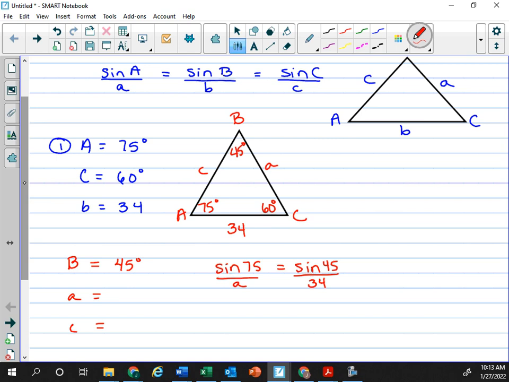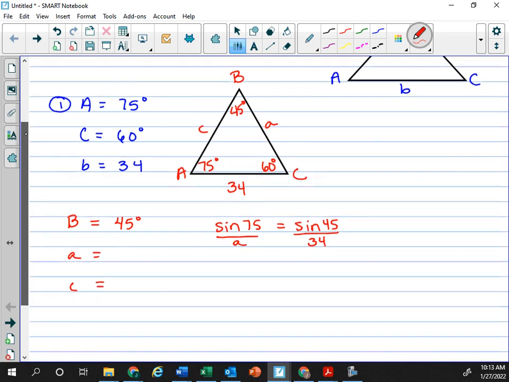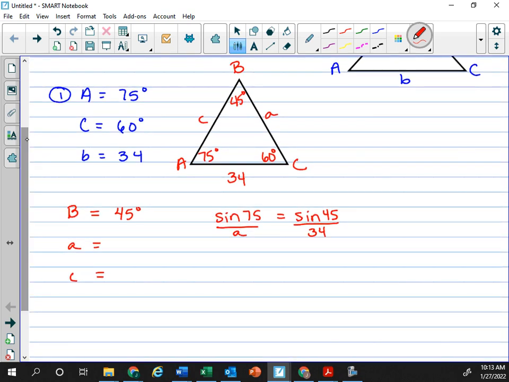Stop there for a second and make sure you guys are okay with that. Everybody see the setup? Okay. All right, so algebraically, how do I go about solving that? What'd you say?